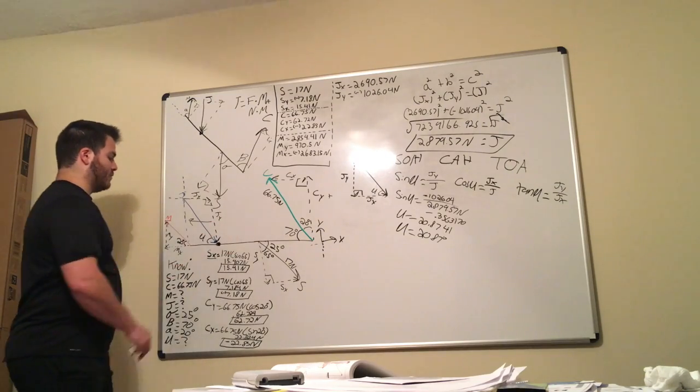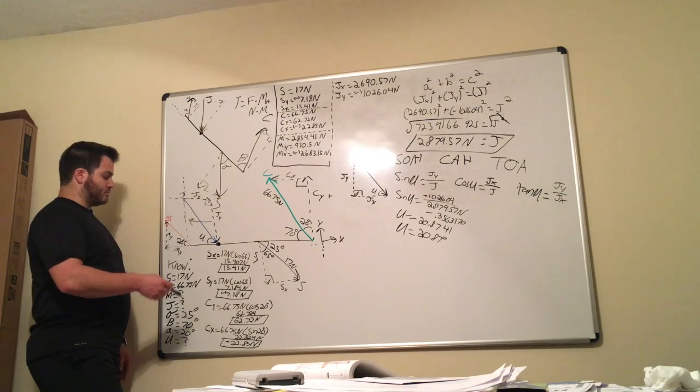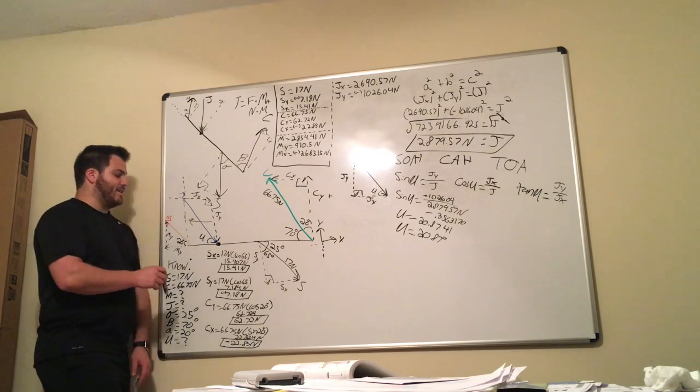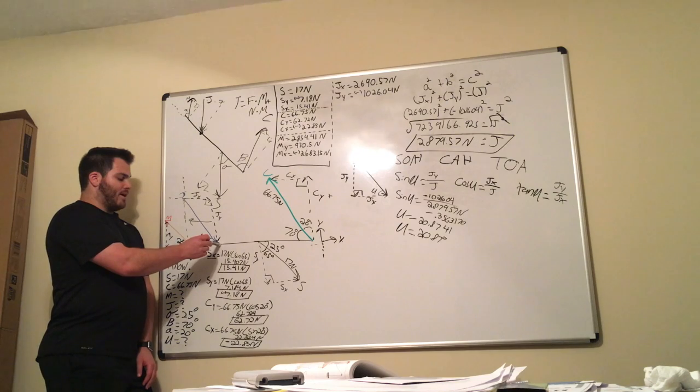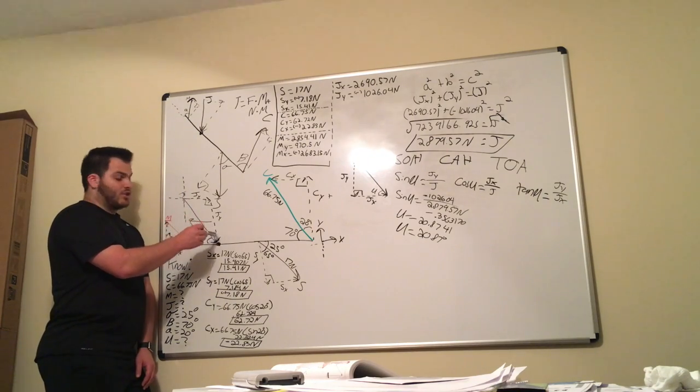Once we had those two, we used torque to find our M. The way we did that is we took the torque and we made this our joint over here. So we took the force of everything times the moment arm, which is really just the distance away from the point you chose. Because this is the point we chose, this point was 0, we didn't have a J term.